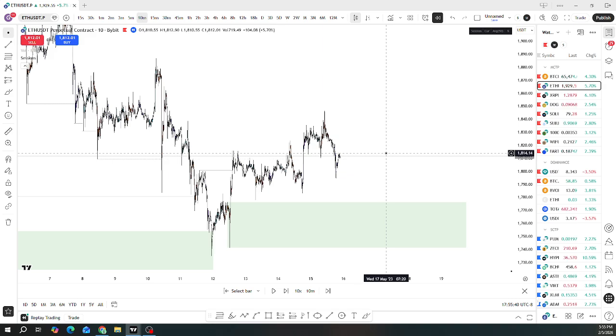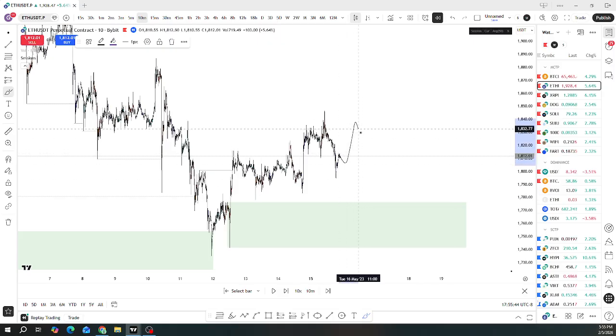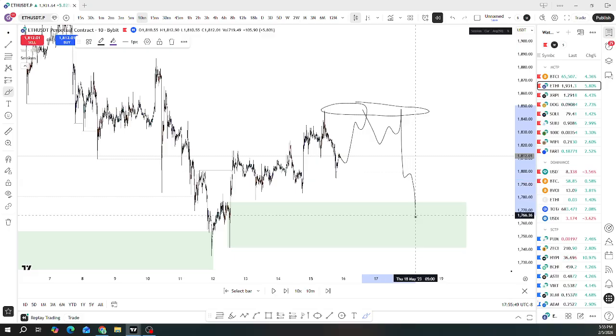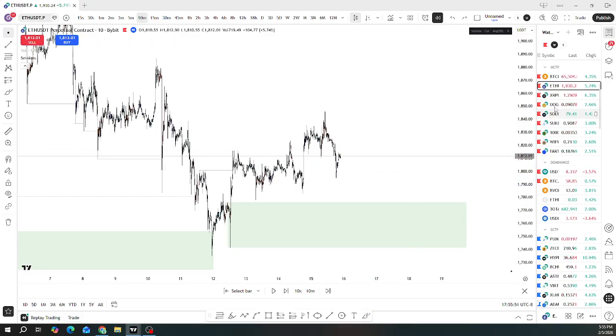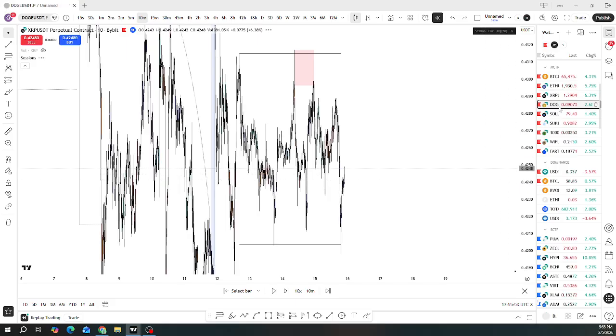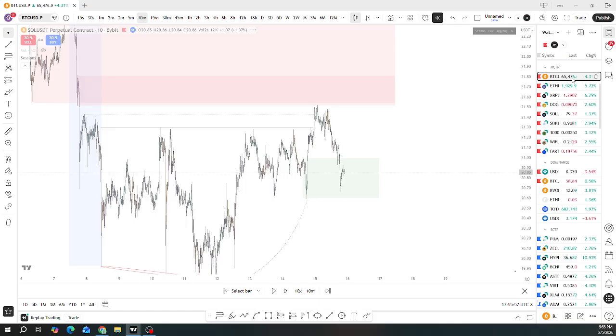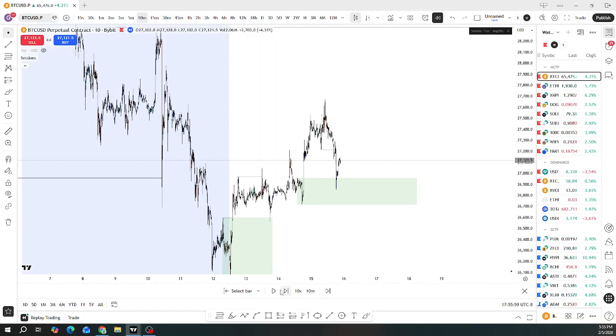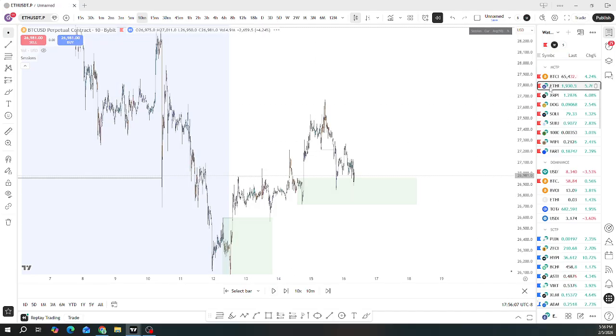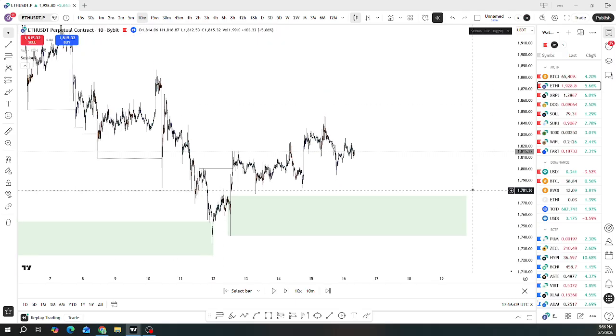And now that these pairs are starting to get a more extended move to the upside, distributions can start looking nice up here. Really not much though for now. Maybe we come down and accumulate in the local demand.